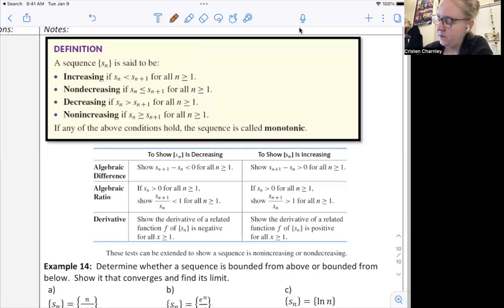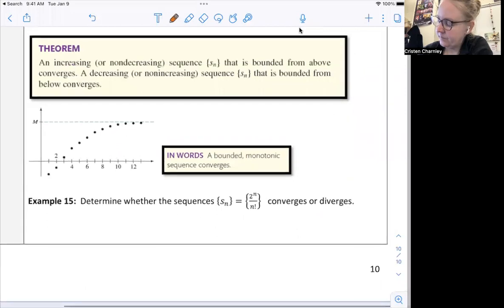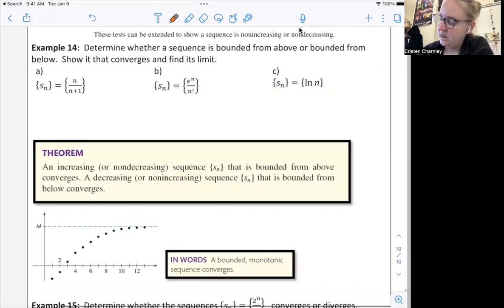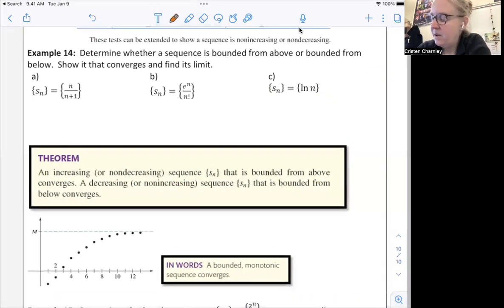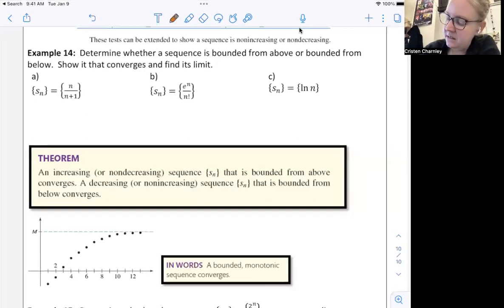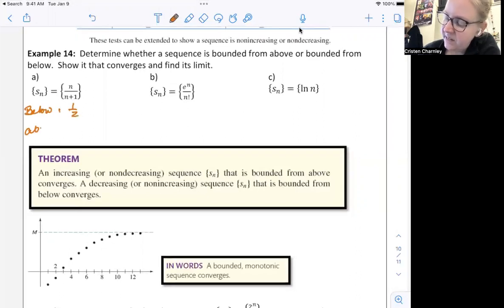So let's talk about example 14. I think this is last page. Determine whether a sequence is bounded from above or bounded from below. Show that it converges and find its limit. So for letter A, if I go bounded below, what happens if I put a 1 in there? I get 1/2. And above would be going to infinity. So infinity over infinity, L'Hopital would be 1.